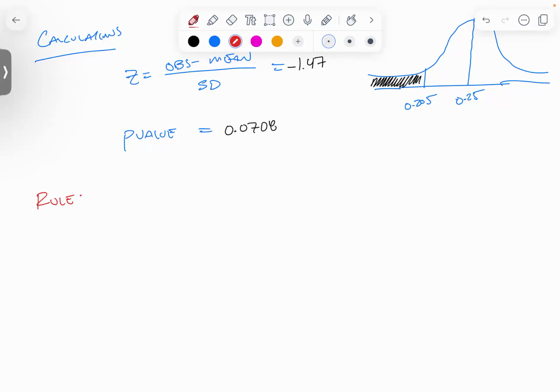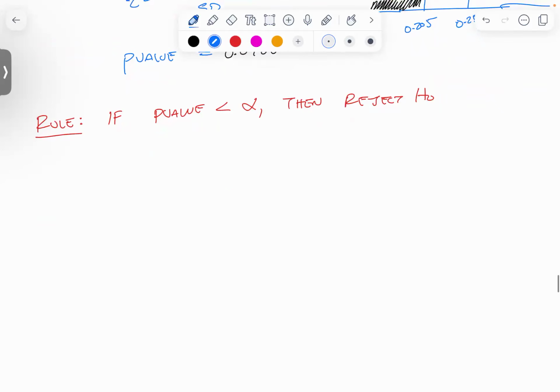Now this isn't an official step, but a lot of people initially find this helpful: just writing out the rule, p-value less than alpha, then reject H0.